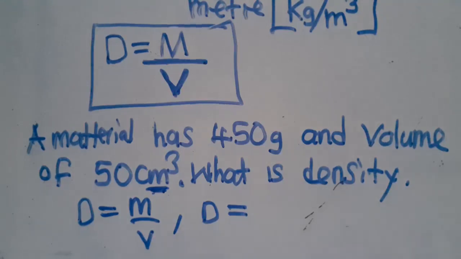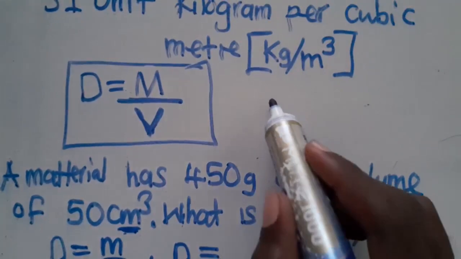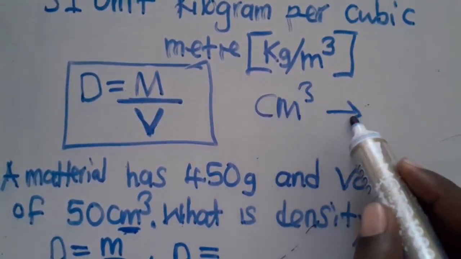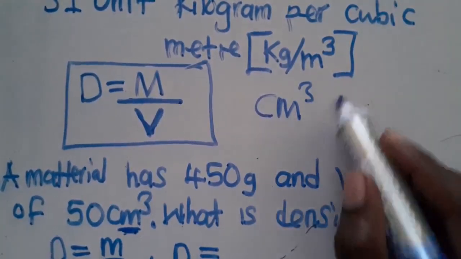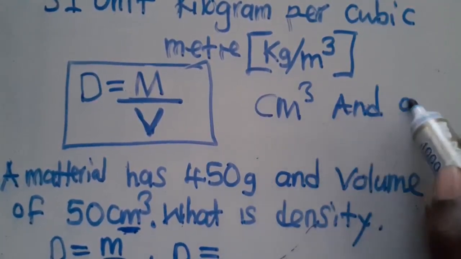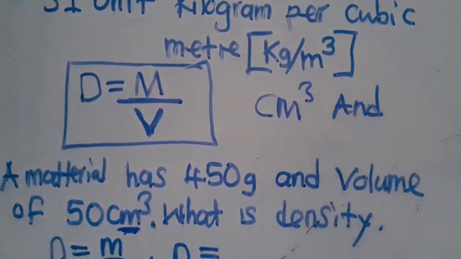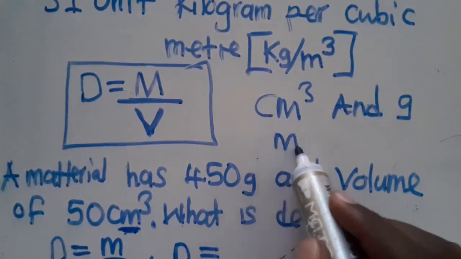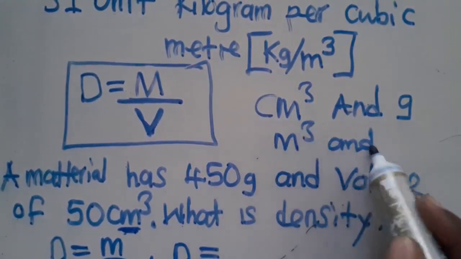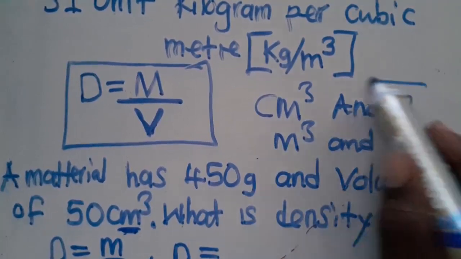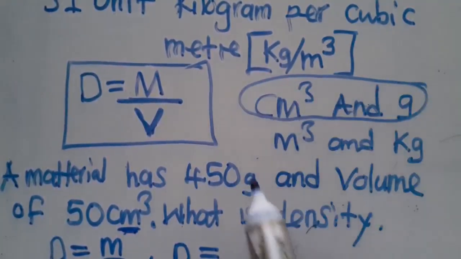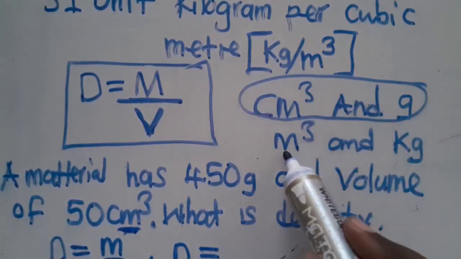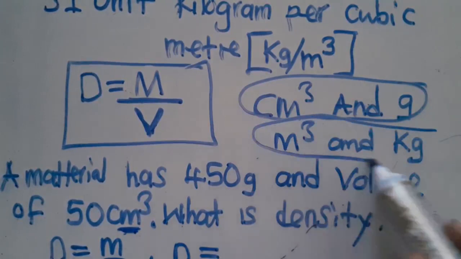To give you a clue: if you have centimeters cubed and grams, these are related. You can work them out like that. Or if you have meters cubed and kilograms, these are related.